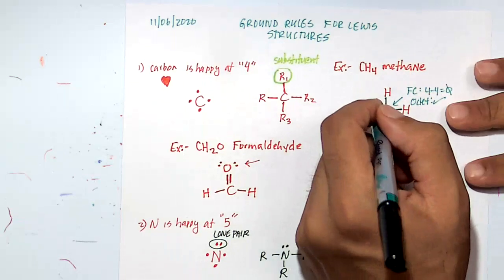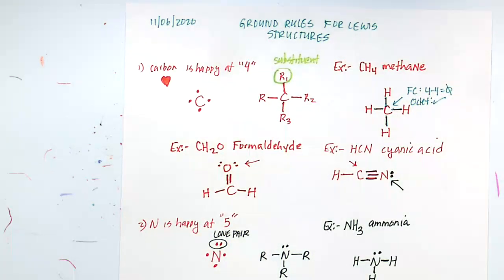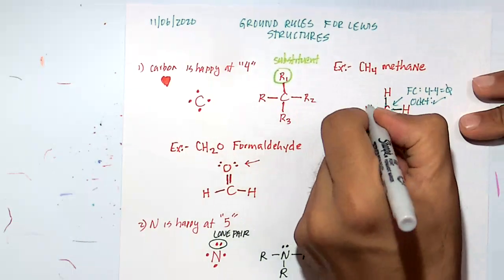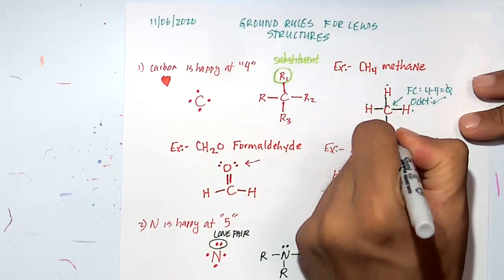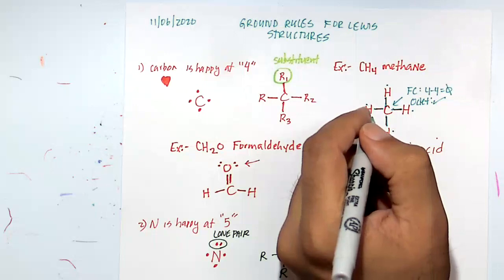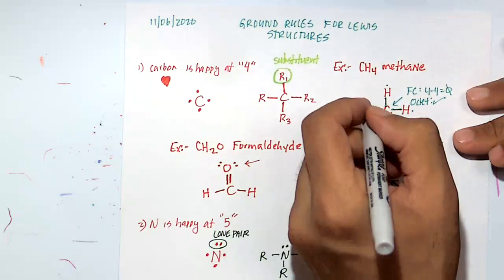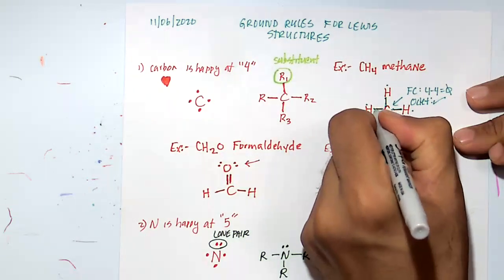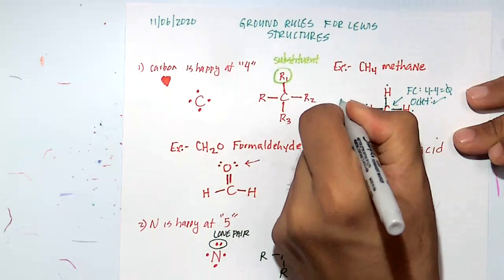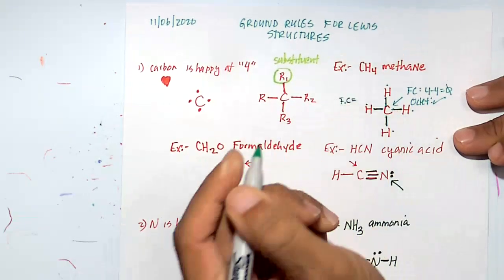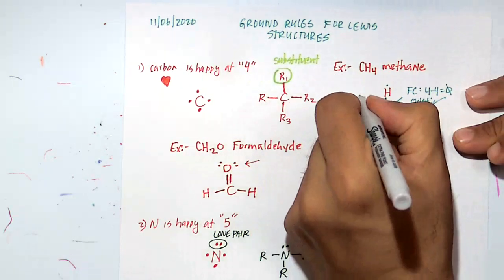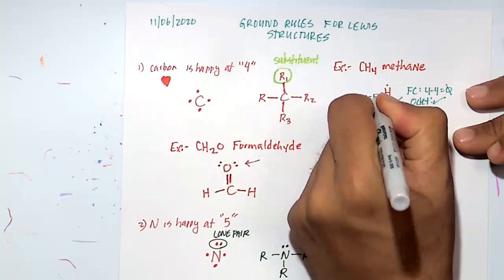All right, let's look at this hydrogen here. Realizing this hydrogen, and this hydrogen, and that hydrogen are all the same because they're all bound to carbon. So look at this hydrogen here. 1. What is hydrogen happy at? 1. What's 1 minus 1? 0.